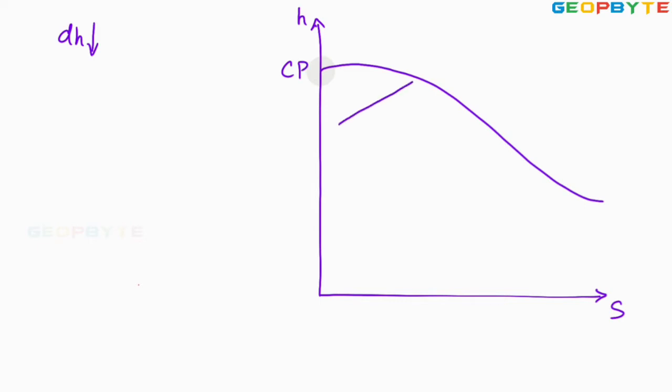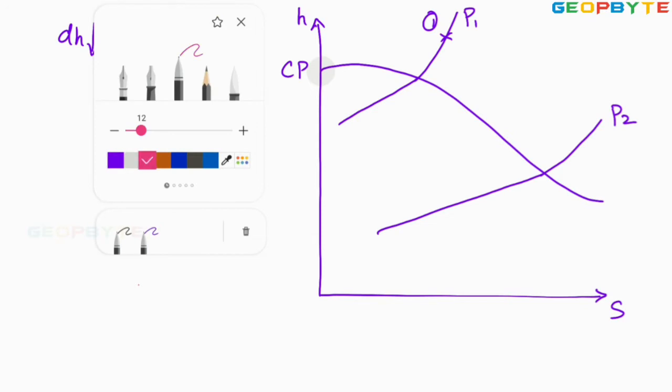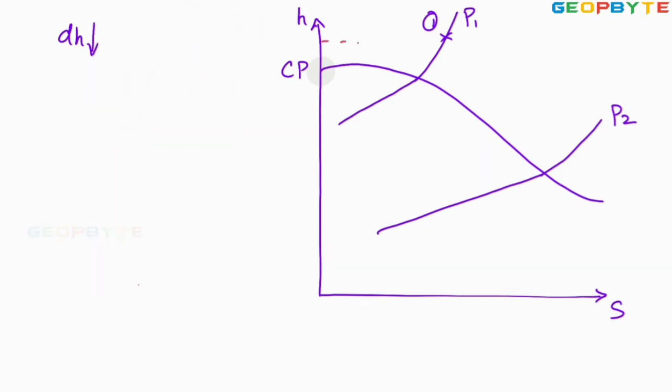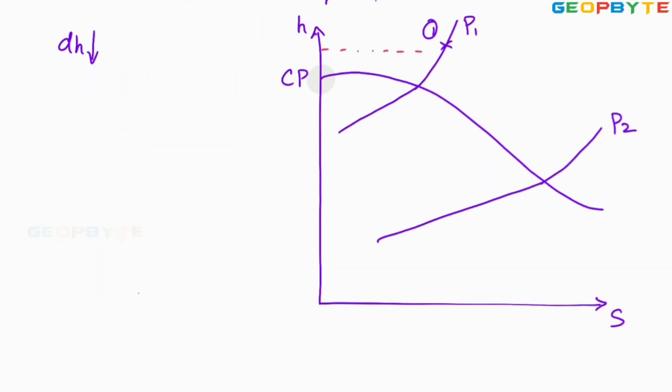The steam is entering at high pressure P1 and leaving with a pressure P2. Generally, superheated steam is entering the nozzle. This is state 1, where the enthalpy is H1.